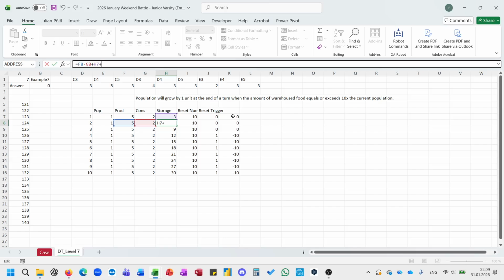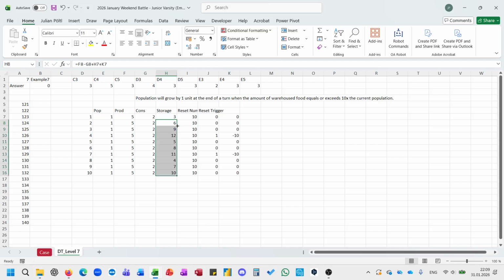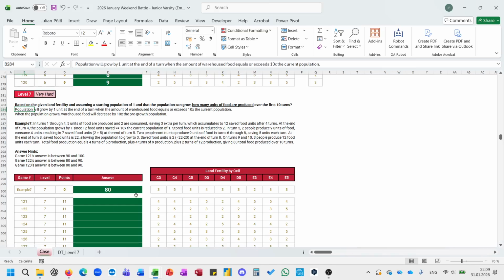Or plus the previous trigger version. And this is then the next one, equals this plus, no, plus this here, right. 9, production 70. Ah, bad.